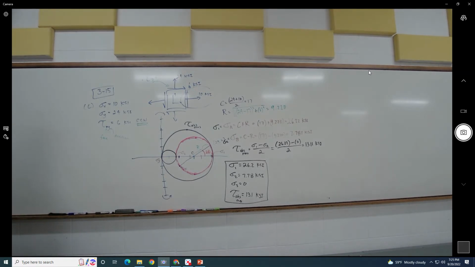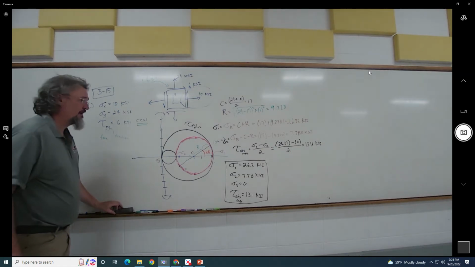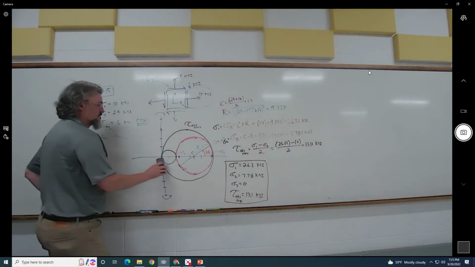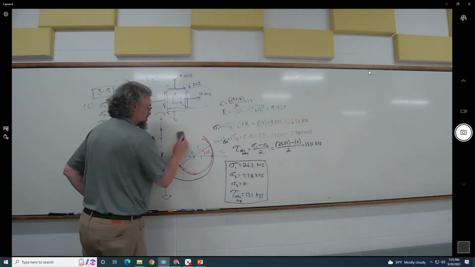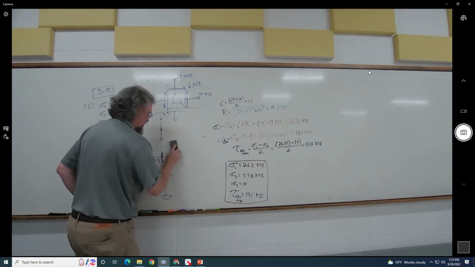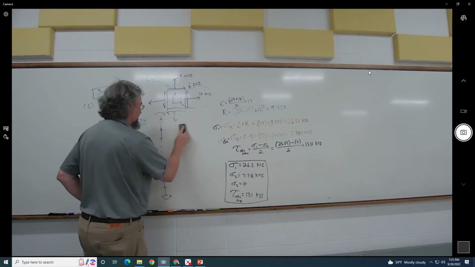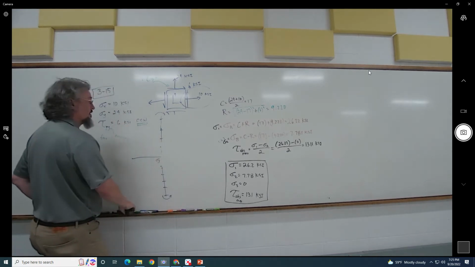Is sigma 3 always 0? No. We could have a scenario here where I redraw on top of this area over here.